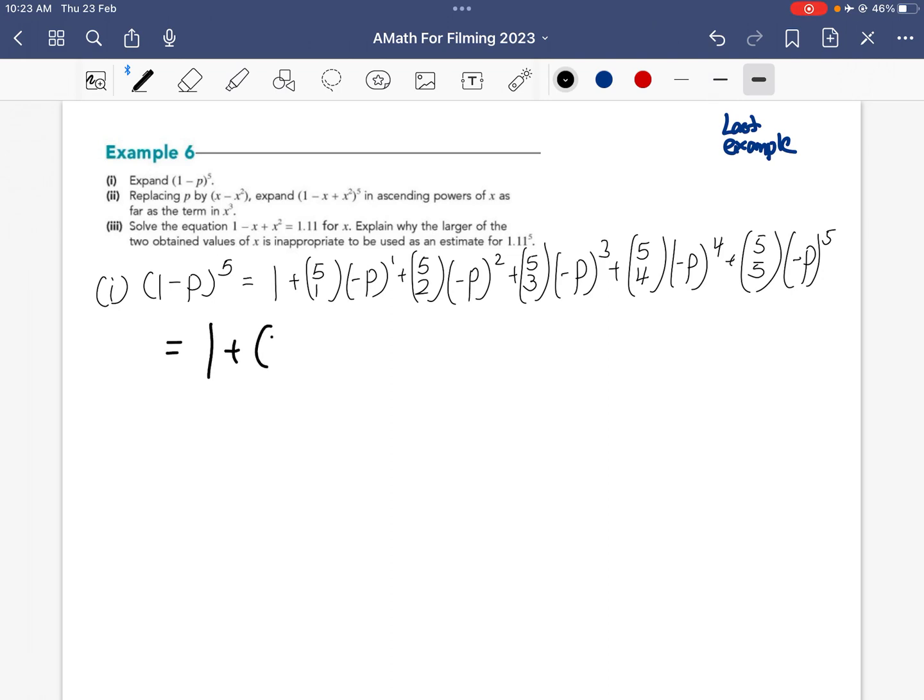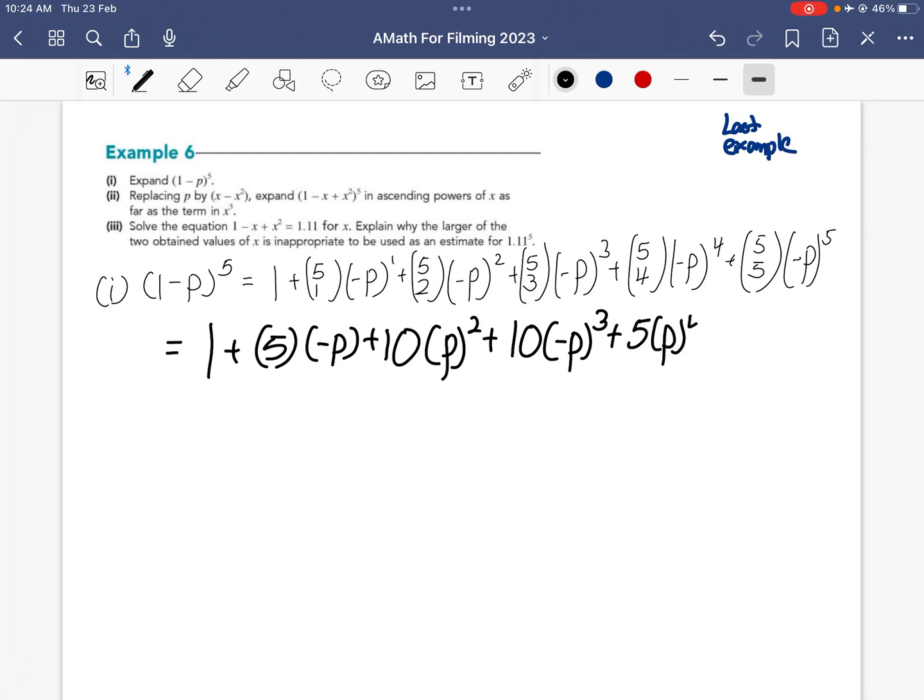Then what we get is 1 plus 5 times negative p. 5 choose 2, 10 divided by 2 is 10. So it will be 10, okay, times p squared. 5 choose 3 will give me 10 times negative p cubed plus 5 choose 4.